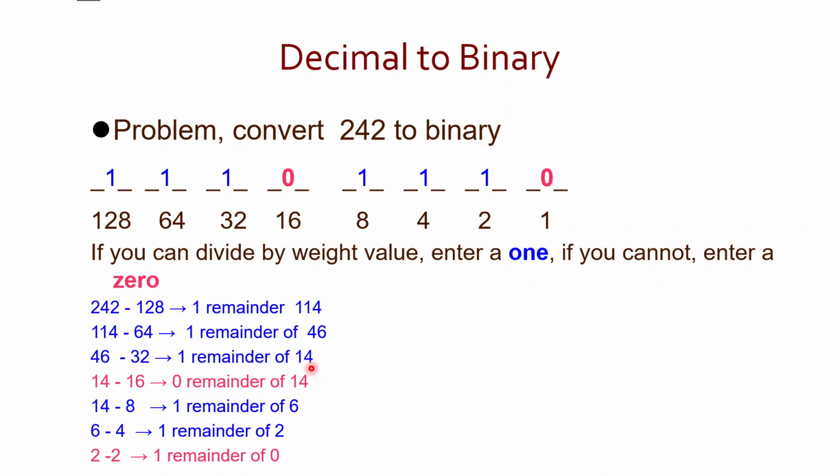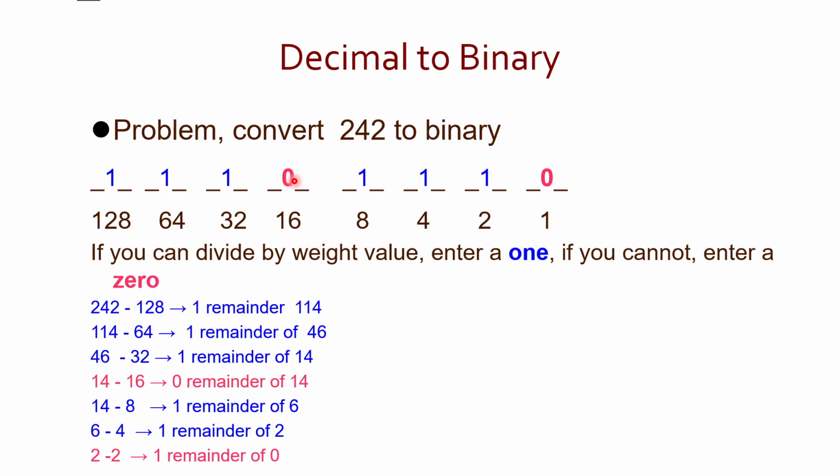Now, my next column is 16. Well, if I do 14 minus 16, that would go negative, right? That's going to give me minus 2. And so when you're doing this conversion, if you go negative, then that means you're going to put a 0 in that spot. Okay, so I had 14 left. I tried to subtract 16, but that gives me negative. So I put a 0 in here and say we're not going to use that one.